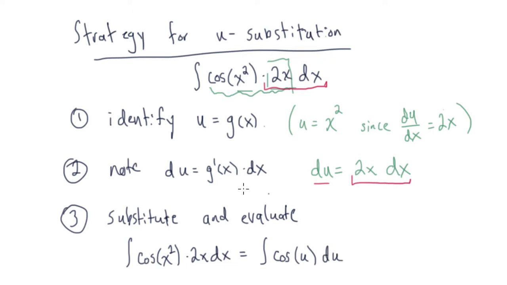Okay, and now I've changed the variables, but now I can just take an antiderivative with respect to u. And that's pretty easy. This is just sine of u plus c. But then my final step, since I've taken the antiderivative with respect to u, I want to substitute back in what u is as a function of x.